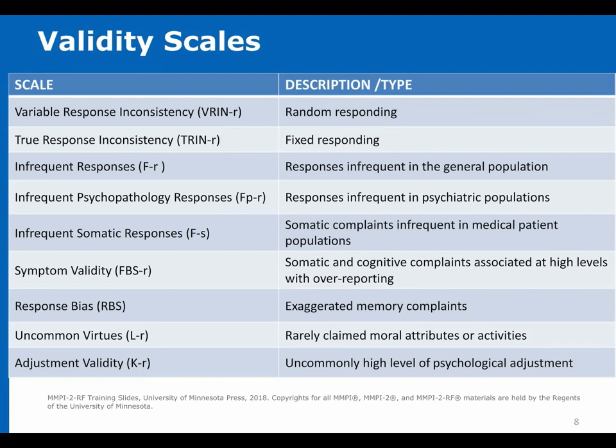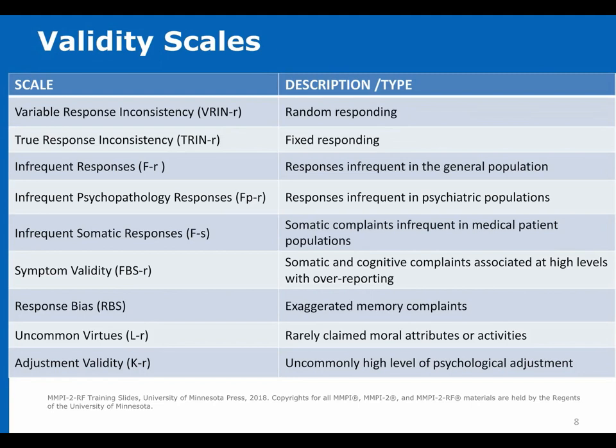An infrequency approach involves culminating onto a scale items that are uncommonly endorsed by individuals from various relevant populations. The idea here is that if a test taker endorses many of these infrequent items, they're likely over-reporting. In the case of infrequent responses, FR, this scale is comprised of items that are infrequently endorsed in the general population as represented by the normative sample.